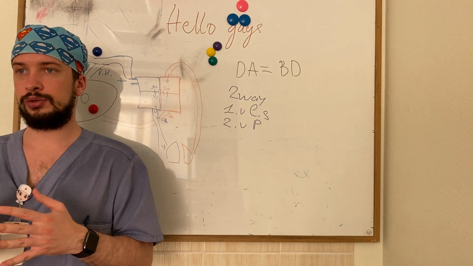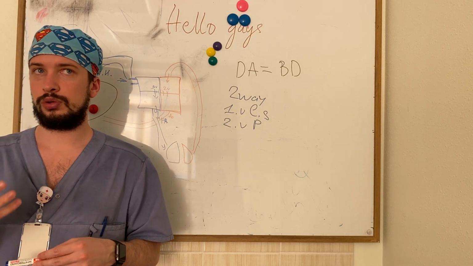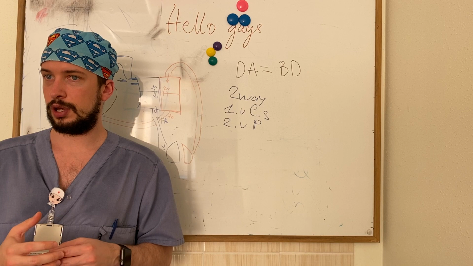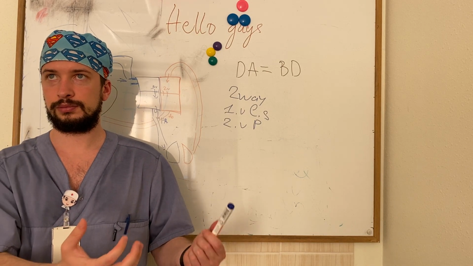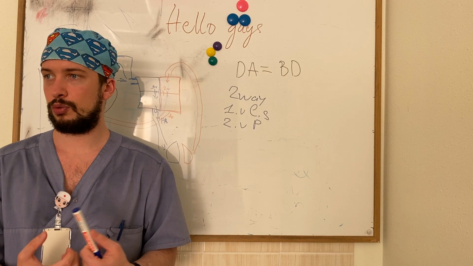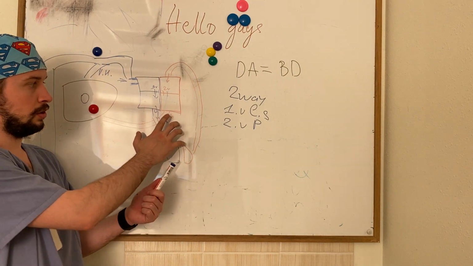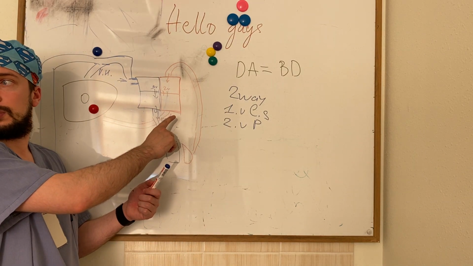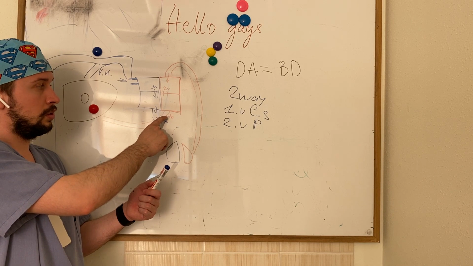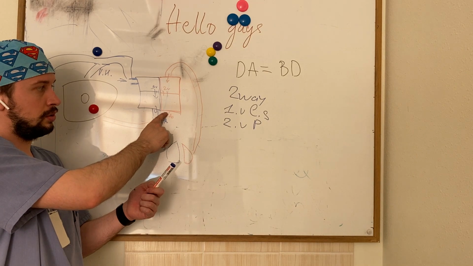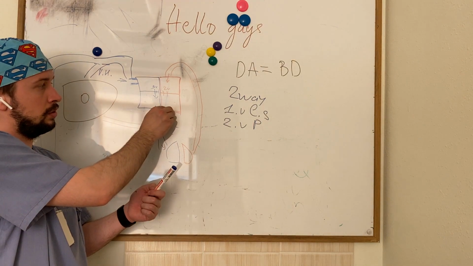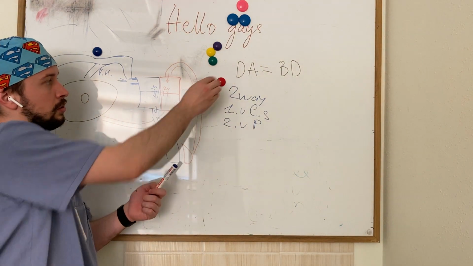You know that the heart needs oxygen. How can it take oxygen? From the aorta, when the blood goes from the left ventricle to the aorta. So there are branches of the aorta supplying the heart directly. Okay.